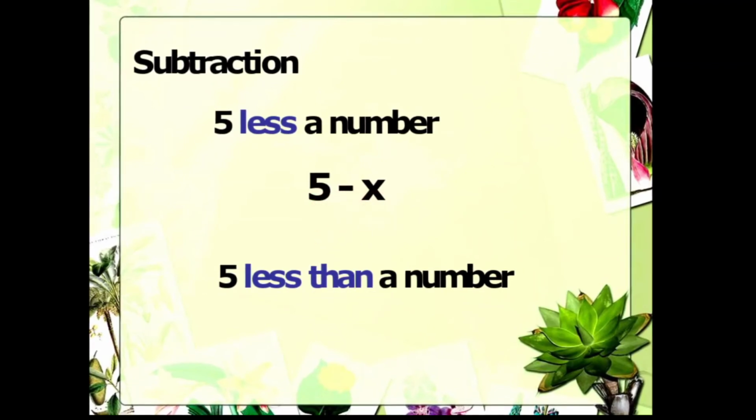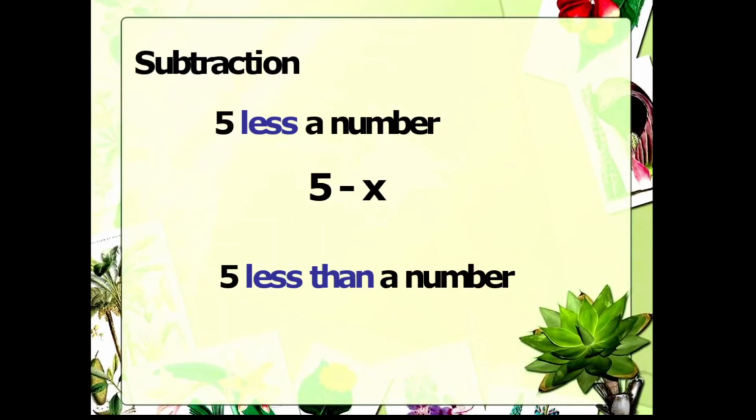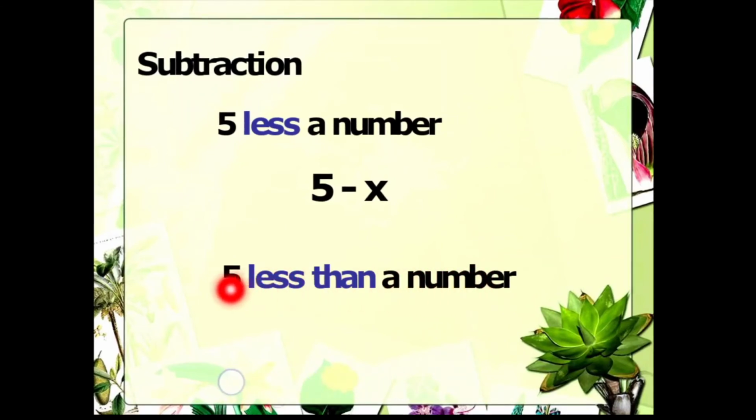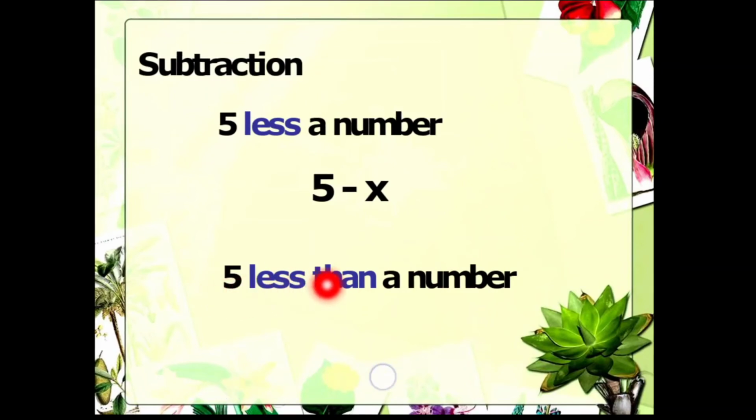Then see the difference for 5 less than a number. From the word here, we have than. In this case, it means that we have to subtract 5 from the number. 5 less than a number. We have to subtract 5 from the number when we have the word than.